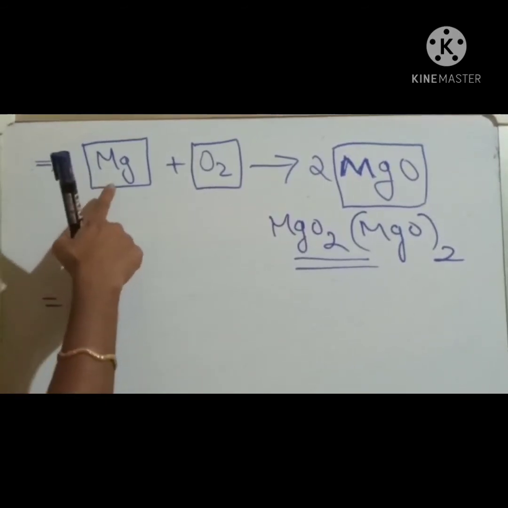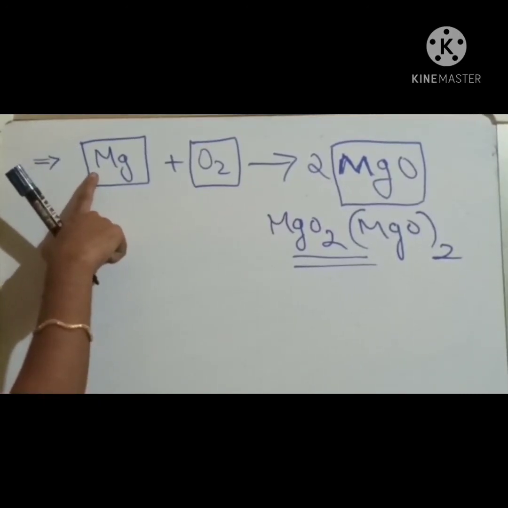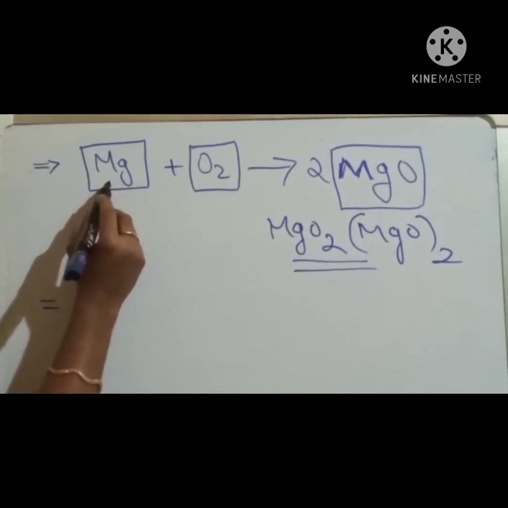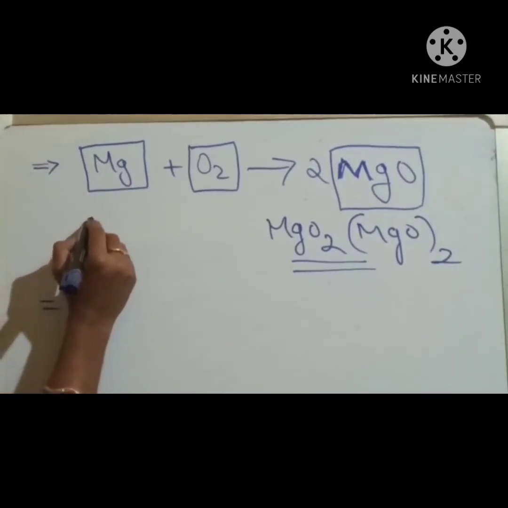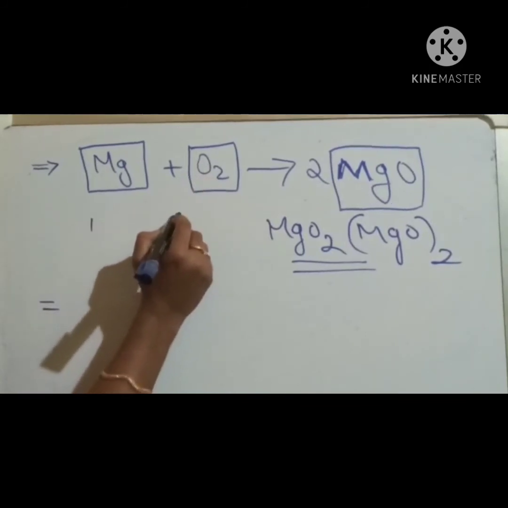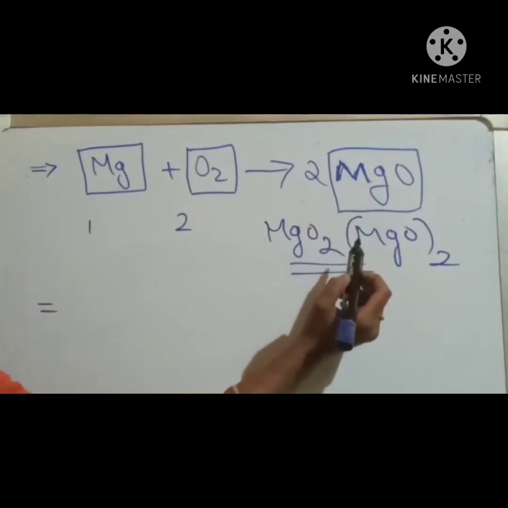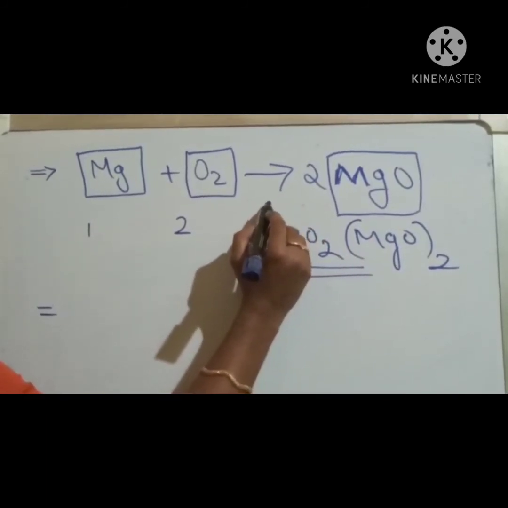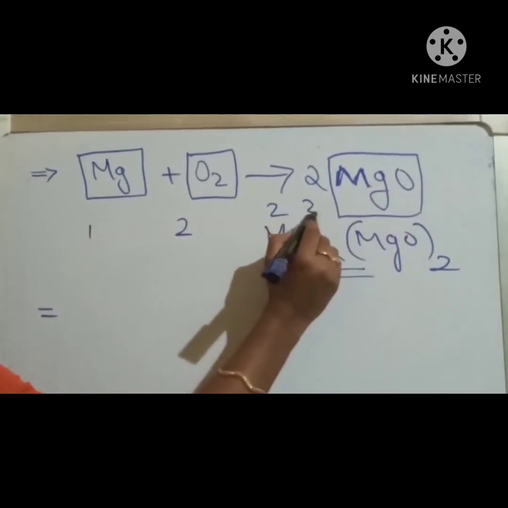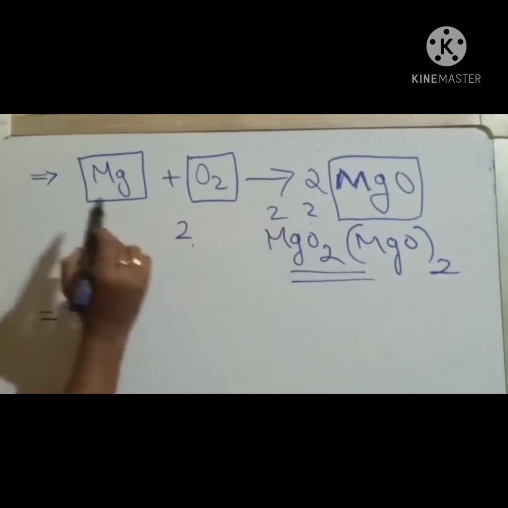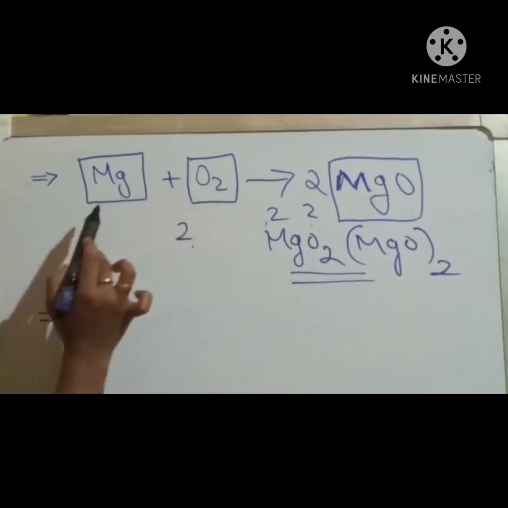And let's check whether the equation is balanced or unbalanced now. How many magnesium atoms are present here? 1. And oxygen is 2. Here in RHS, how many magnesium are there? 2. Oxygen is 2. Here oxygen is balanced, but magnesium is not balanced.